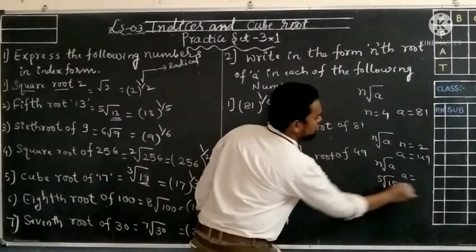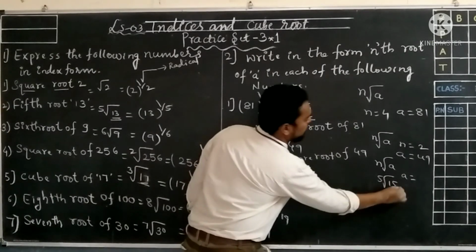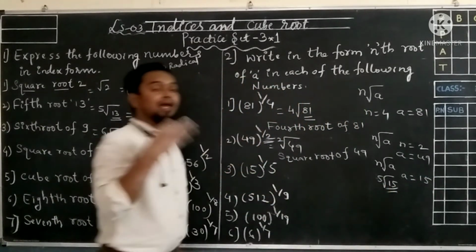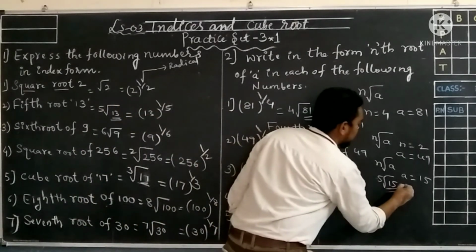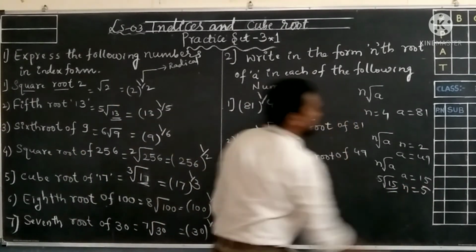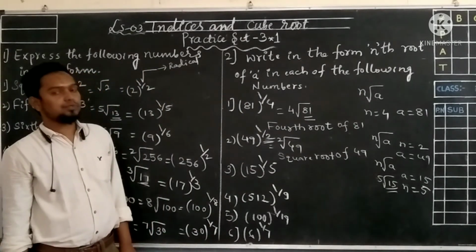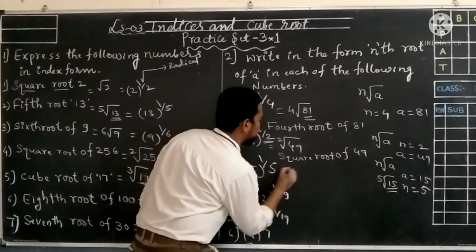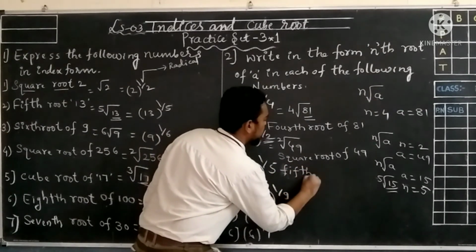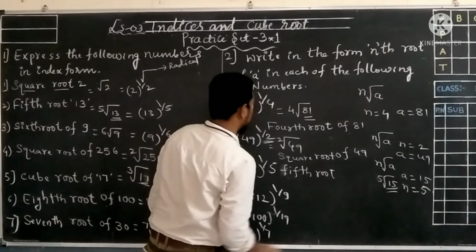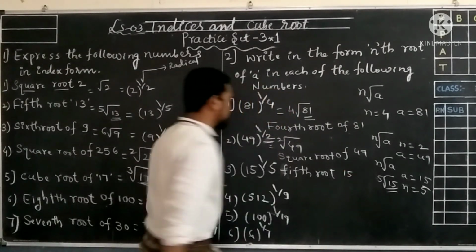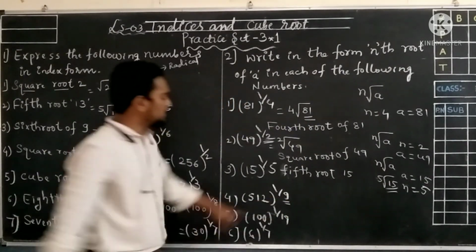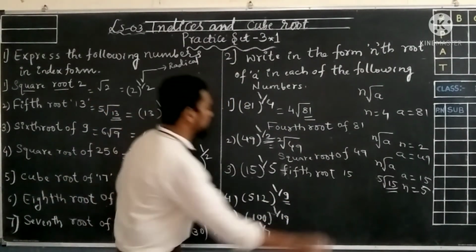A is equal to 15, and the root value, fifth root, means n is equal to 5. Therefore, fifth root 15.